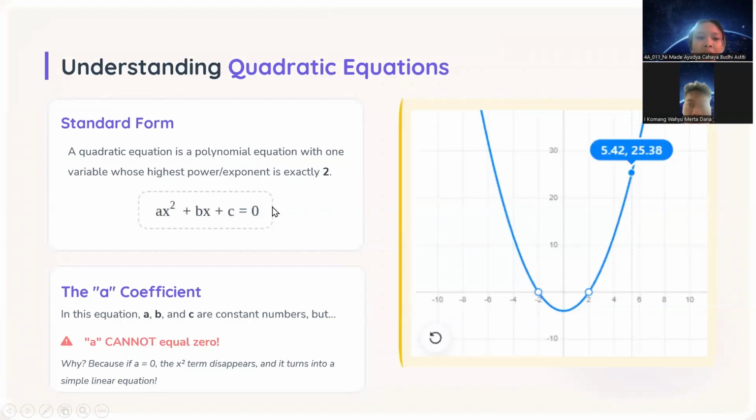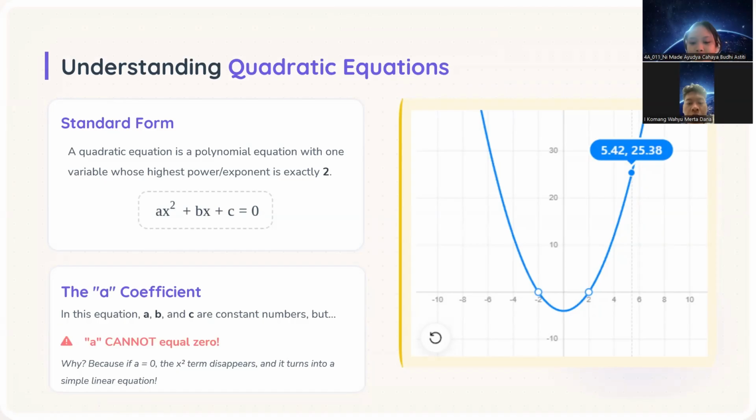The standard form is a times x squared plus b times x plus c equals 0, where a, b, and c are constants and a cannot be equal to 0. For example, x squared plus 5 times x plus 6 equals 0. This is a quadratic equation because the highest exponent of x is 2.